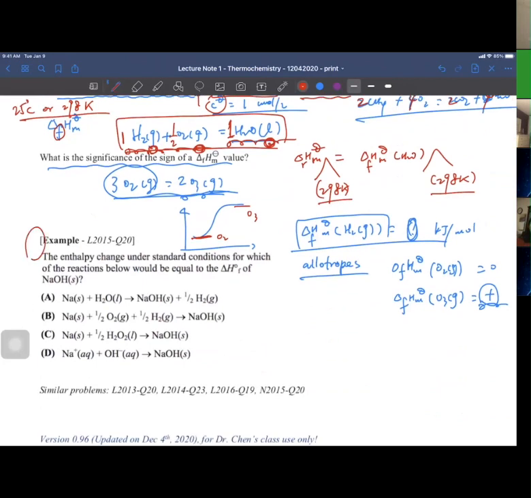Okay, let's have a look at this question to test your understanding of the new concept. It should be pretty quick because there's no calculation involved. Okay, 15 more seconds.